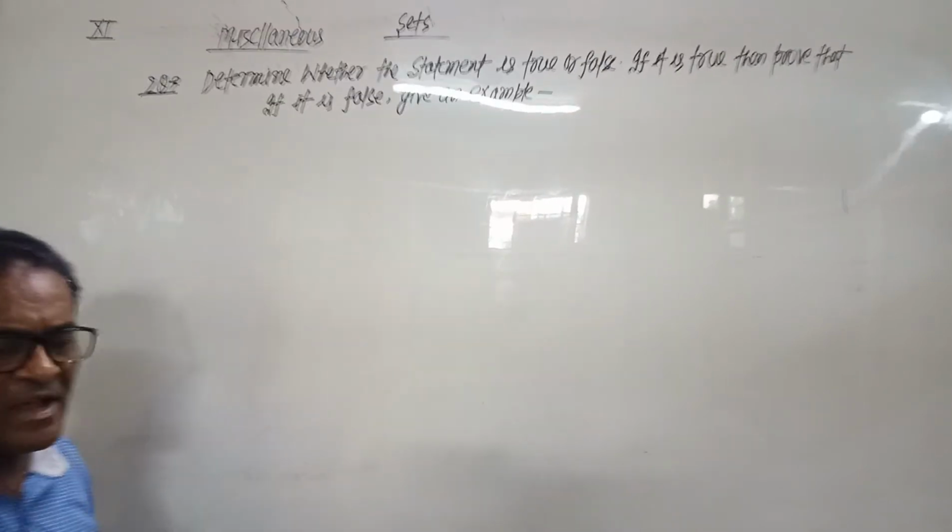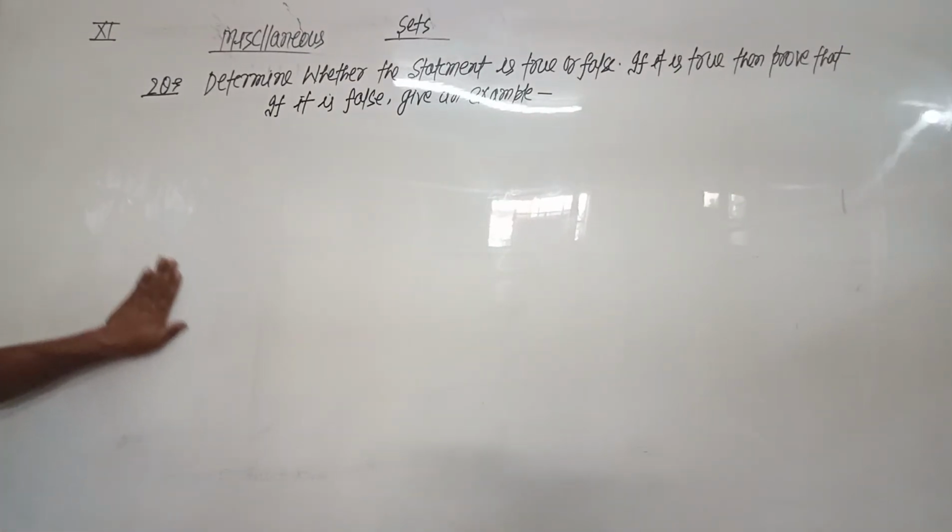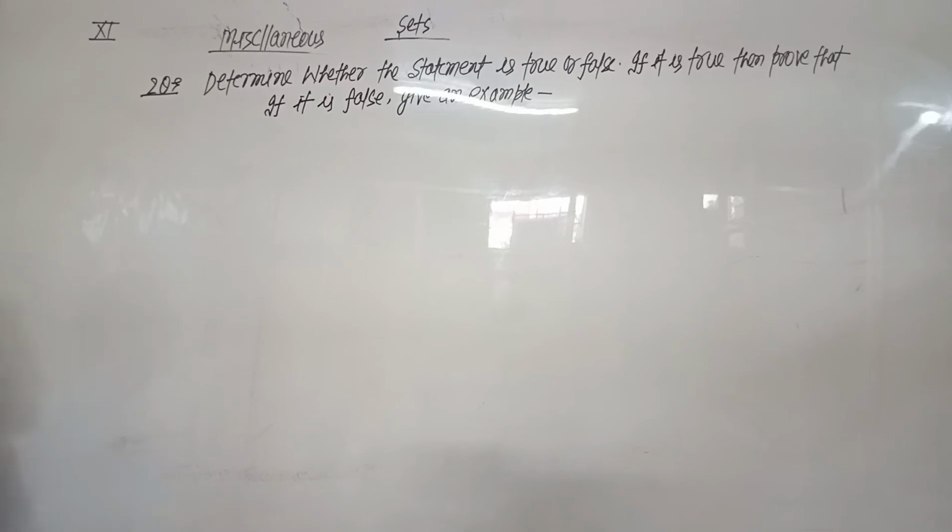So in this question, we have to determine first whether the statement is true or false. If it is true, then prove it, and if it is false, then give an example.